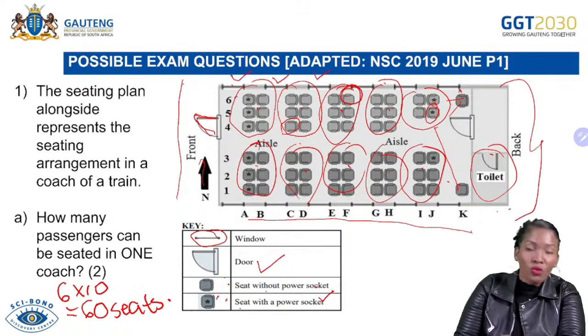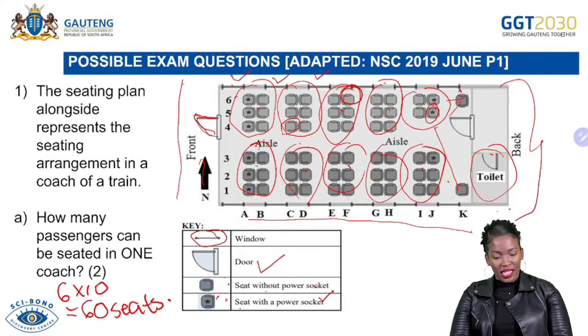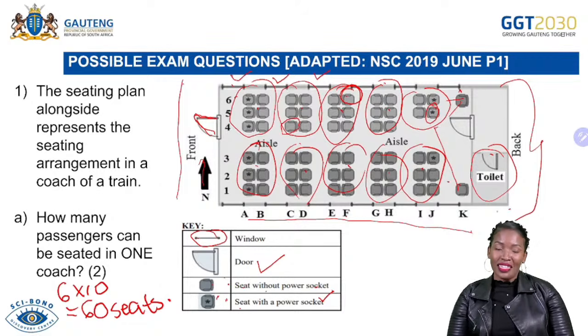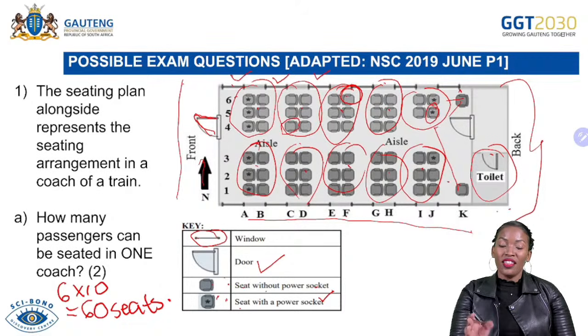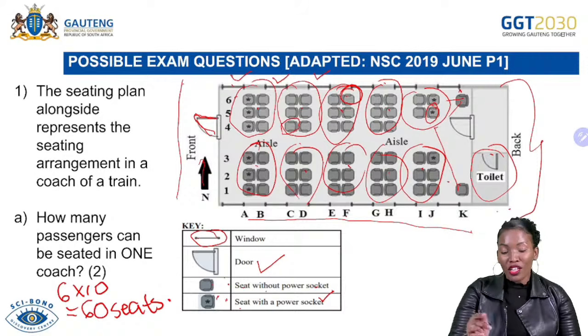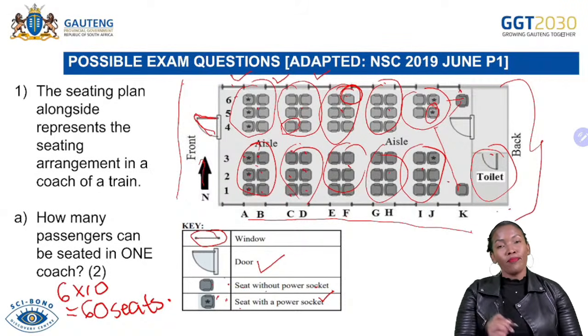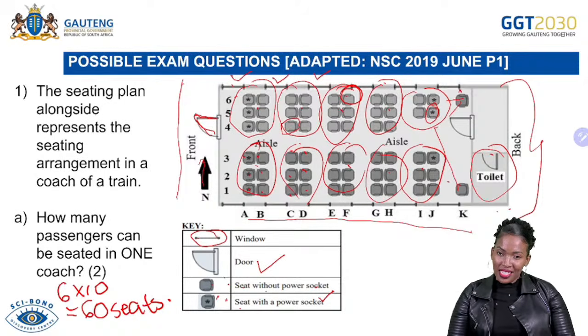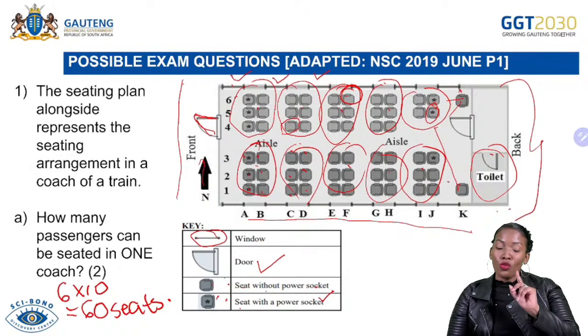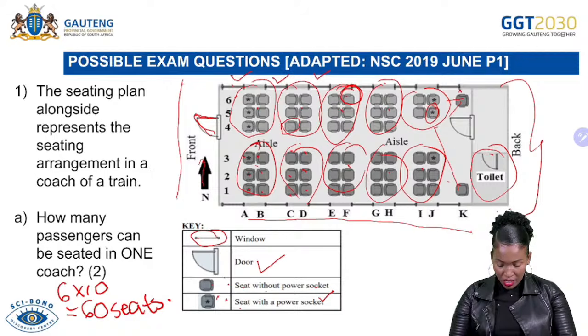So you've got a total of 60 seats. That is how you answer this question. I did it the shortest way that I could, but if you want, there's nothing wrong with counting them manually, 1, 2, 3, 4, 5, 6, 7, 8, 9, 10, 11, 12, right up until seat number 60. The most important thing is that you make sure that you are accurate.